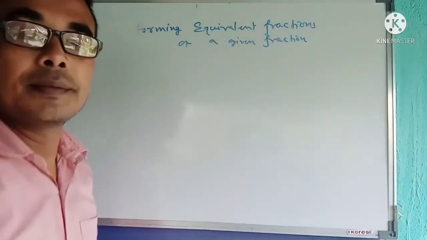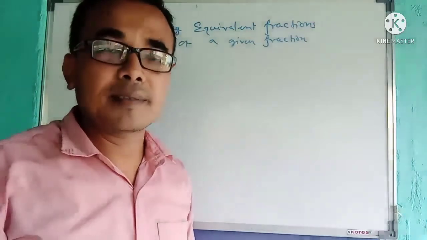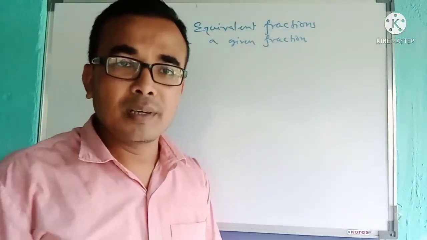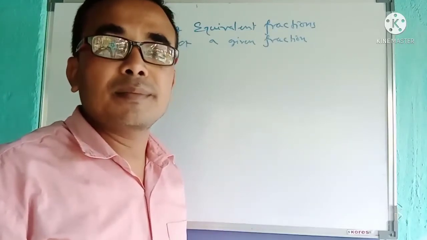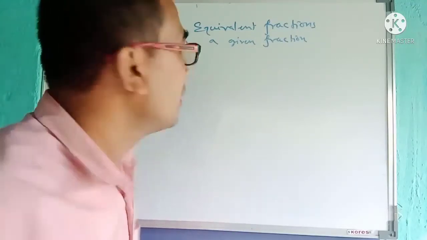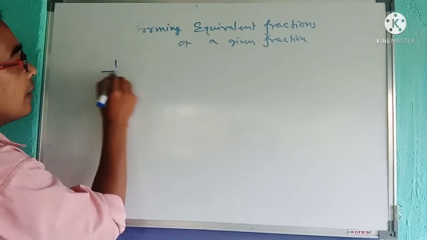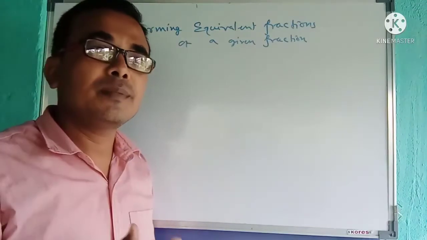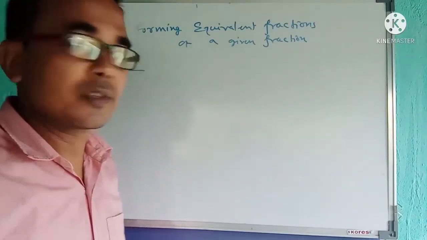Okay, remember that we can form unlimited, an infinite number of equivalent fractions of a given fraction. And in the exam, basically 3 or 4 fractions need to be formed. Okay, for example, 1 by 2, for this fraction you have to form 2 or 3 equivalent fractions of the given fraction.